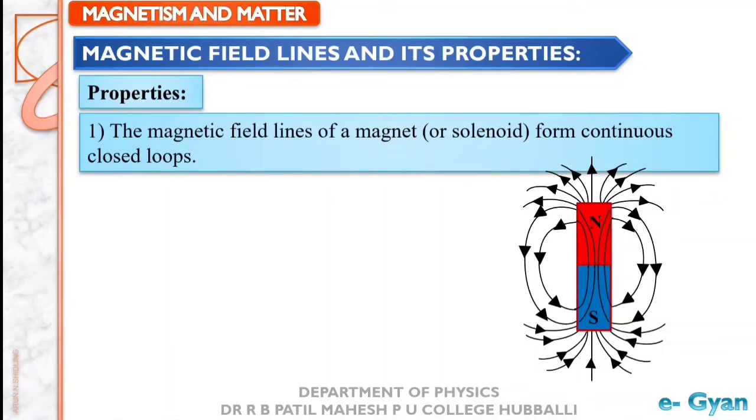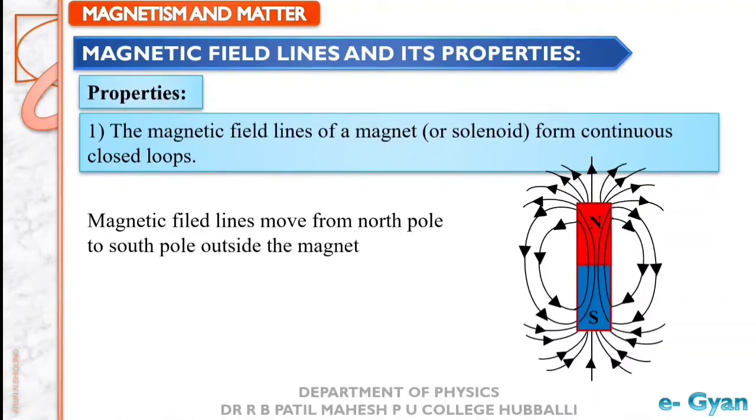So as you can see on the screen, they even pass through the magnet. To specify it more clearly, the magnetic field lines move from north pole to south pole outside the magnet, and they move from south pole to the north pole inside the magnet.